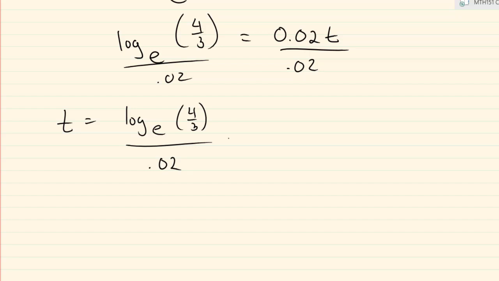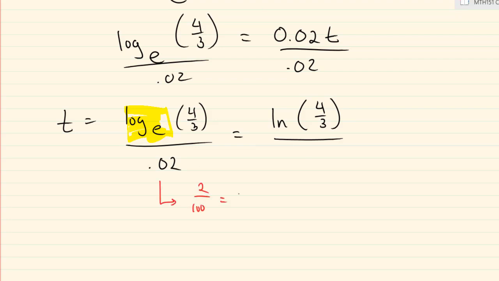And now we're going to do some simplifying on this. The log base e can be rewritten as the natural log, ln, of 4/3. We can also rewrite the 0.02 as 2/100ths, which is 1/50th.